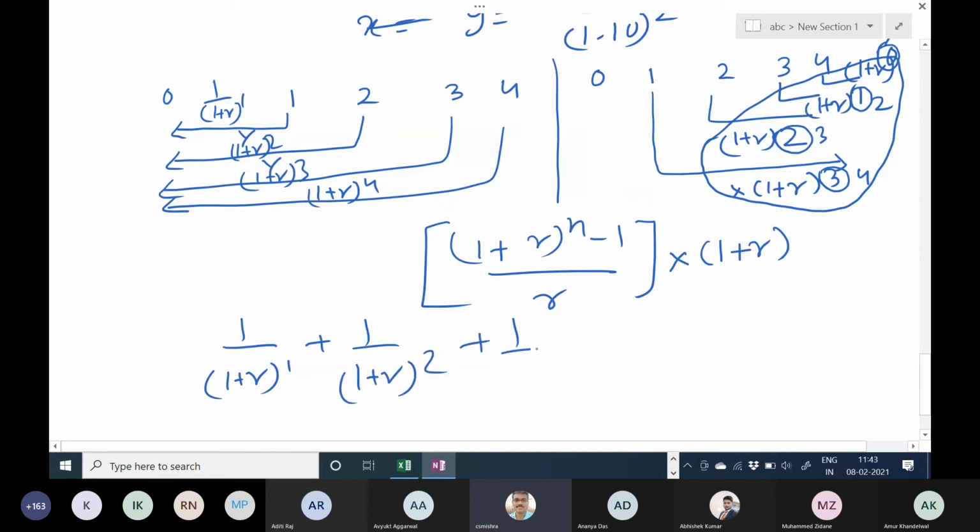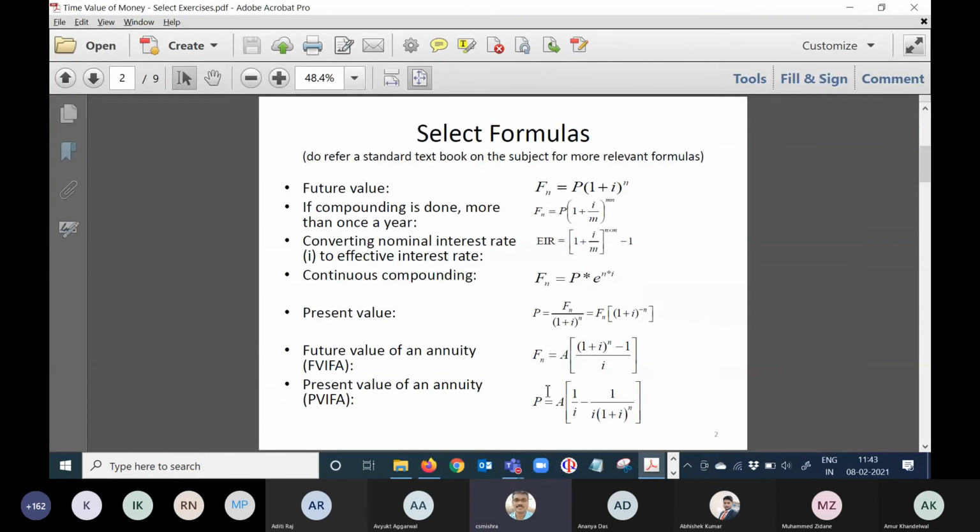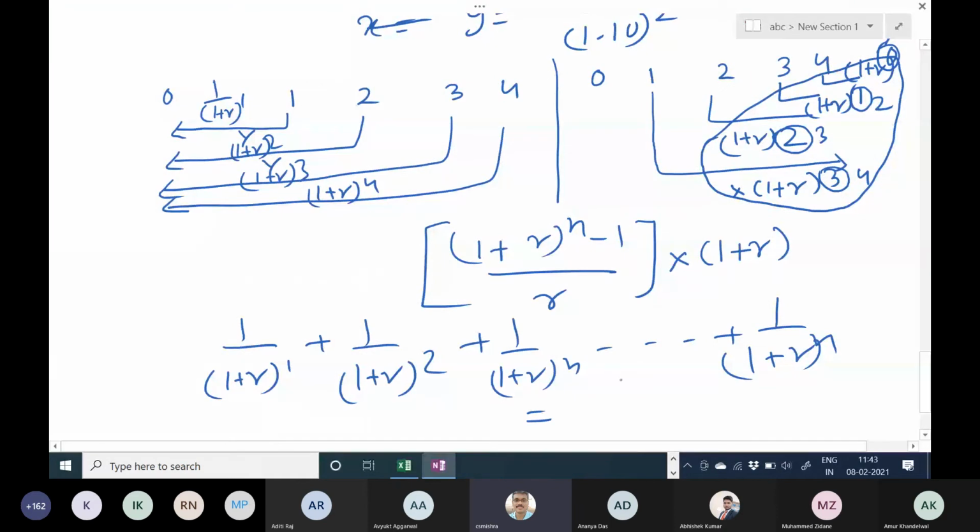Similarly, 1 by 1 plus r to the power 1, 1 plus r to the power 2, 1 plus r to the power 3, like this, 1 by 1 plus r to the power n. What is my formula? It is 1 by i minus 1 by i into 1 plus i to the power n.